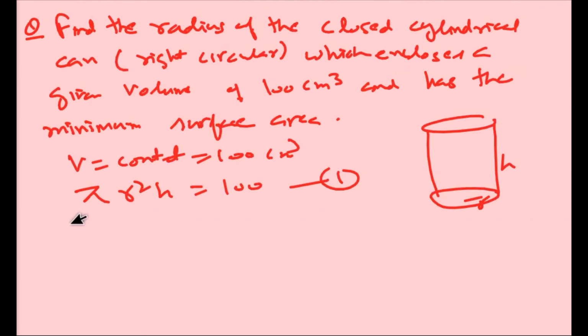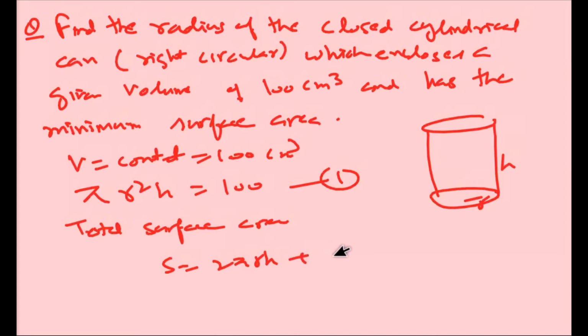Now total surface area, you know the formula, that S equal to curved surface plus top and base 2 pi r square. Okay, it is solid, so this one is your total surface area. Now these two equations we have to change using any one constant.